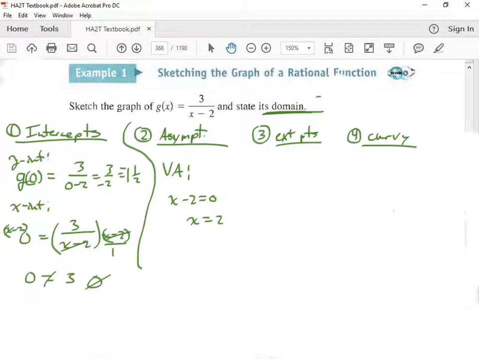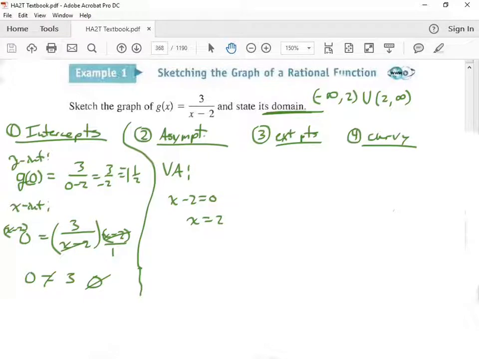And so the way you would write that is you would say negative infinity to 2 with open parentheses combined with 2 to positive infinity. So you're breaking up the all real numbers and you're excluding the 2 and only the 2. Unless you have more than one vertical asymptote, you normally only have to do that. Split it up at one spot.